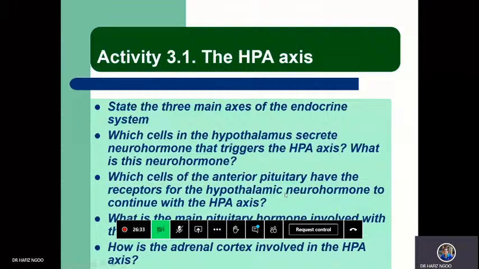What is the receptor and what is the trope that it acts on in the pituitary? It acts on corticotropes and the receptor is a G protein coupled receptor. Do you still remember what type of G protein coupled receptor? Gs, so G alpha S. If you know G alpha S, basically it is going to activate AC, adenyl cyclase, cAMP increases, so PKA, they allow the release of what hormone?